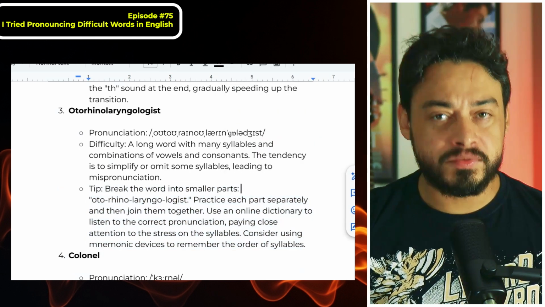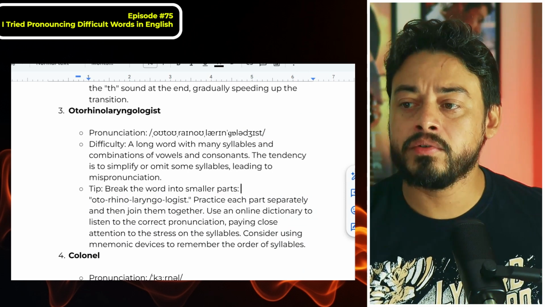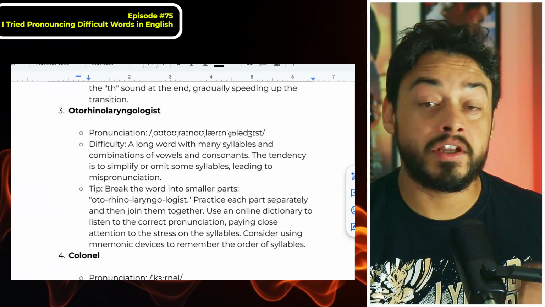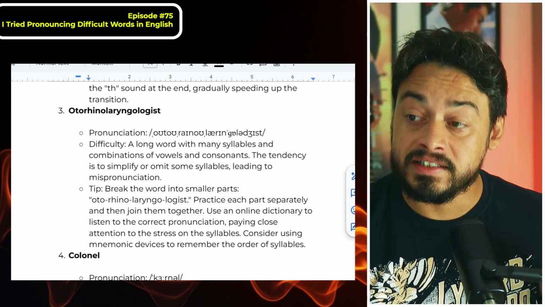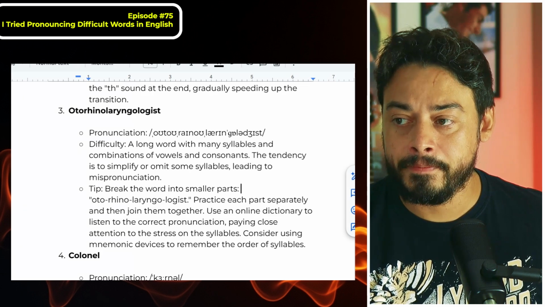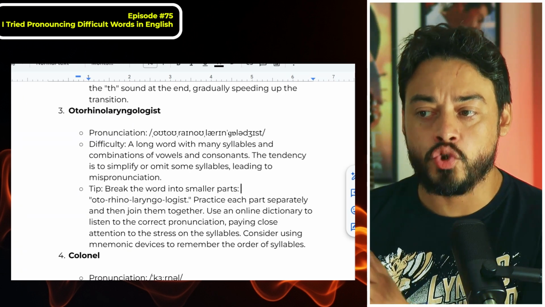All right. So here is the tip for this word. Break the word into smaller parts. All right. So rhino, larynga, actually. So otorhinolaryngologist. All right. Practice each part separately and then again join them together.